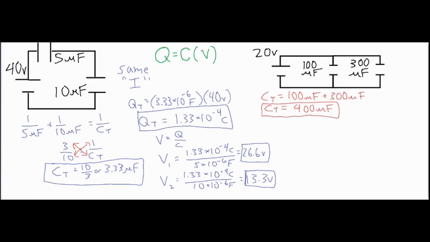Now from there, we have a different set of rules for this one. In a parallel circuit, each of the different capacitors gets the full 20 volt voltage drop, unlike our series circuit.